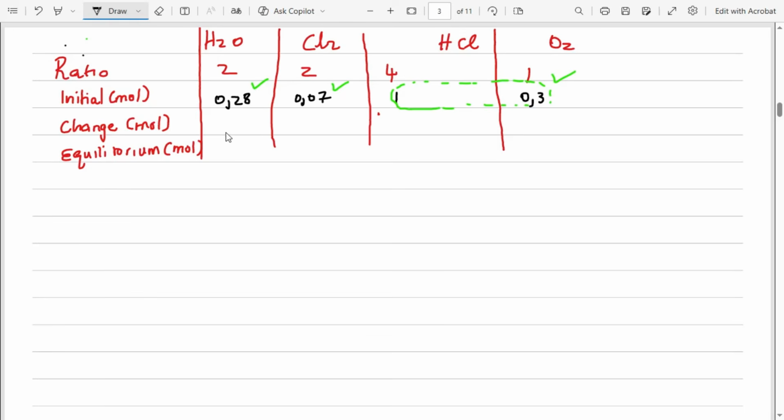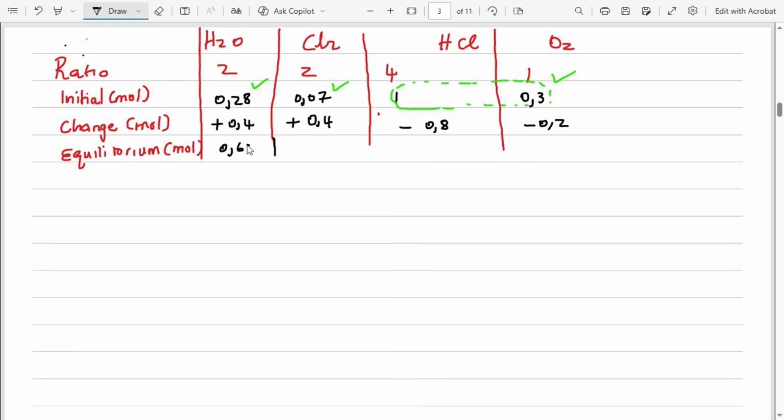The change in mole, we started with what? We got the change in mole as positive 0.4, and this one was also positive 0.4. This one was negative 0.8, and then this one was negative 0.2. Then the last part is equilibrium.